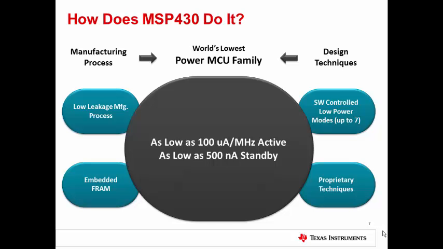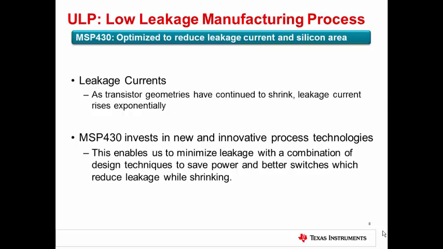During this presentation, we'll see that having the world's lowest power microcontroller family is a result of continuous investments and innovations over the years. One example of this is the low leakage manufacturing process. As technology progresses, microcontrollers have been improving their processes, allowing for smaller devices at lower cost and with more integration.